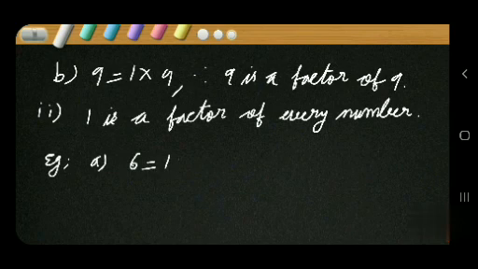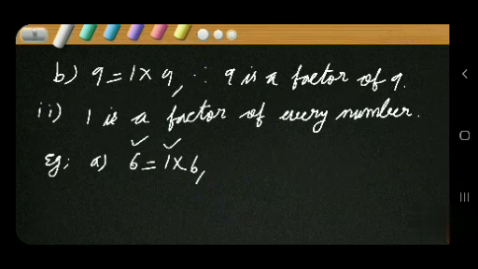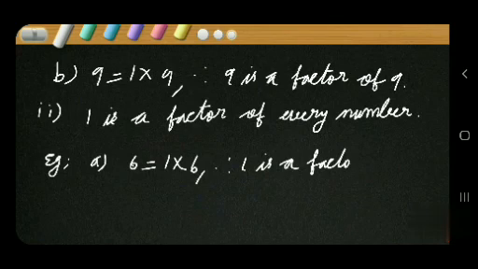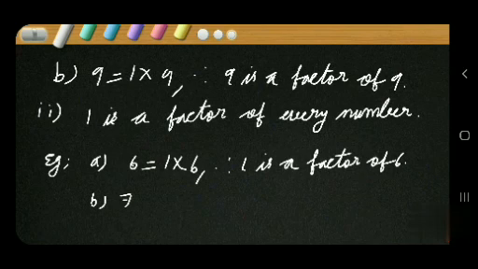Example A. 6 can be written as 1 into 6. So this 1 is a factor of this 6, isn't it? Therefore, 1 is a factor of 6. Example B, 7 can be written as 1 into 7. So what can we conclude from this?